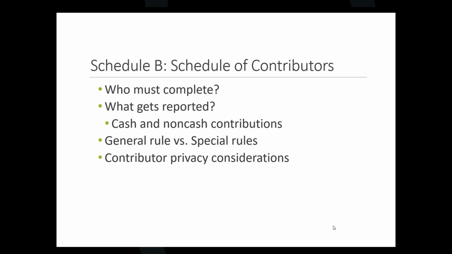The names and addresses only go to the IRS. The public copy does not include donor names and addresses. So sometimes there are donors who are worried about the disclosure of their donation, but it's only for the IRS, and it's not included on the public copy.